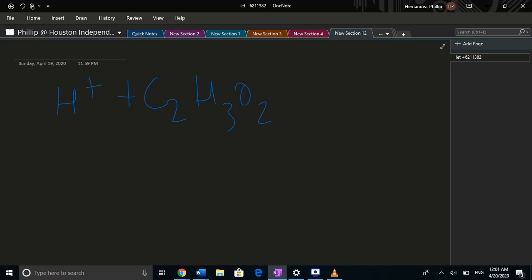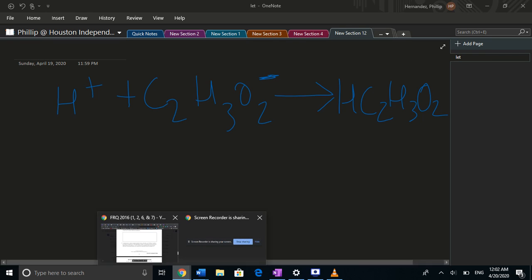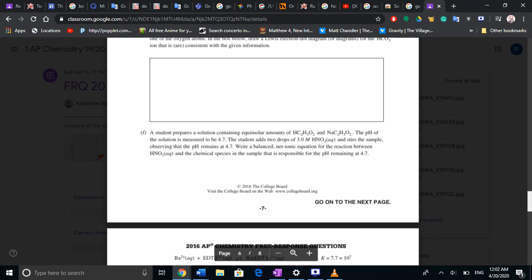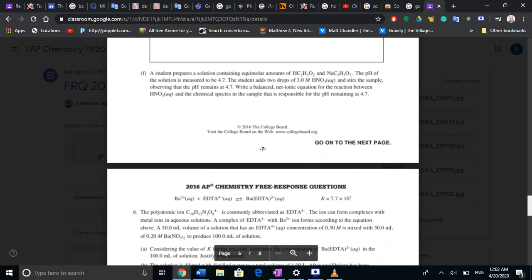And since we gave up a positively charged proton, this charge must be negative. And it has to react with C2H3O2. Now that should be our net ionic equation between HNO3.